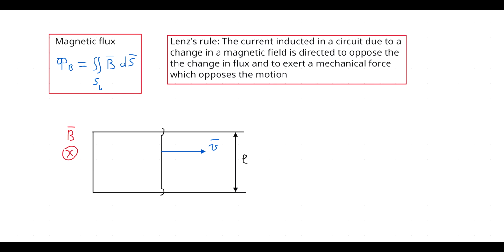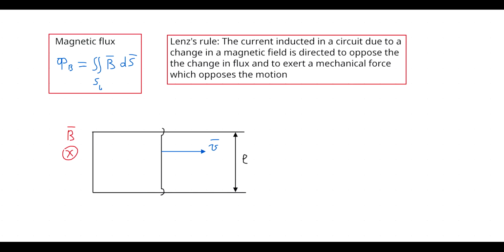This area is area of closed circuit, and it will increase as a result of motion of the rod. So the area will increase, and it means that magnetic flux in this situation will change. So inductive current will be produced in this situation.